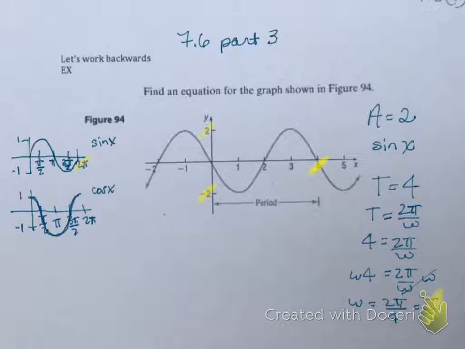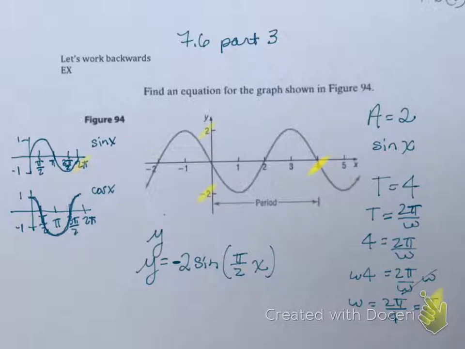So I can write up my function. My function is y equals, put the amplitude first, 2, function, sine x. Remember we have an omega, so omega is pi over 2 times x, and we flipped it, so we need the negative out front. So how did I figure that out?